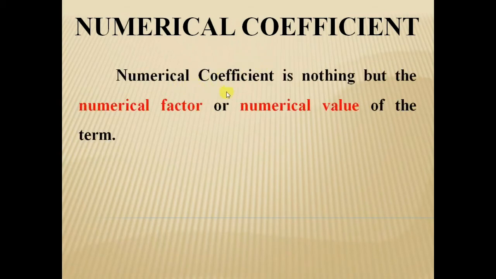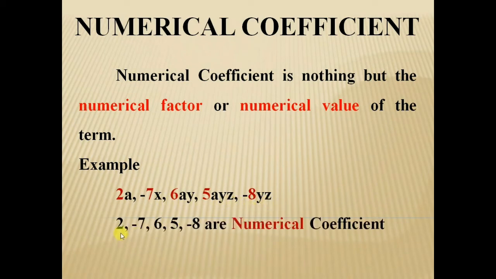Numerical coefficient is nothing but the numerical factor or numerical value of the term. For example, 2a, -7x, 6ay, 5ayz, -8yz. 2, -7, 6, 5, -8 are numerical coefficients.